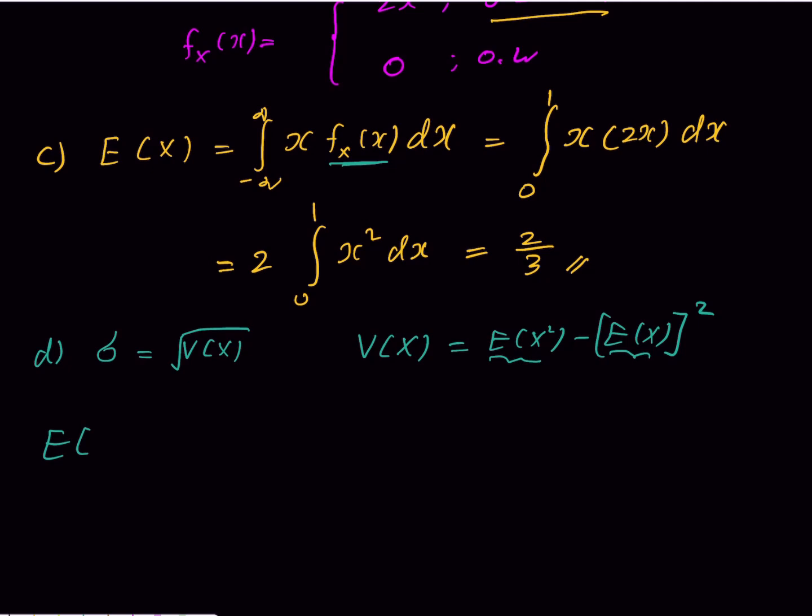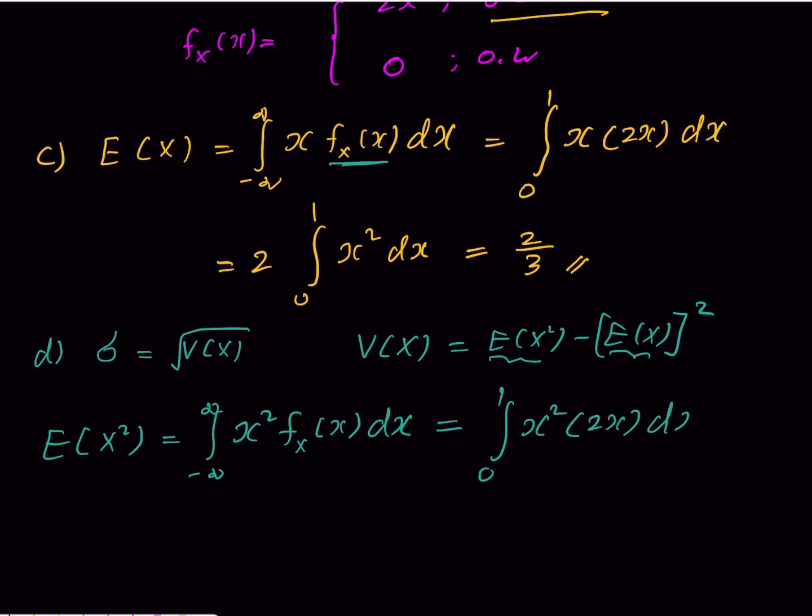By the definition again, E[x to power 2] equals the integral from negative infinity to positive infinity of x to power 2 f(x) dx. From this we can apply it to our problem. Here again, 0 to 1, then x power 2 and the PDF is 2x dx.